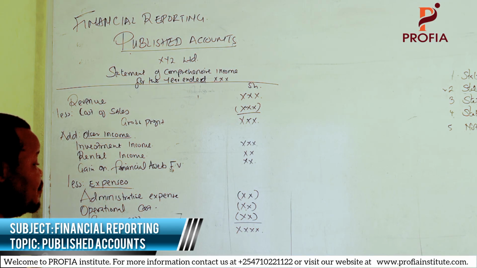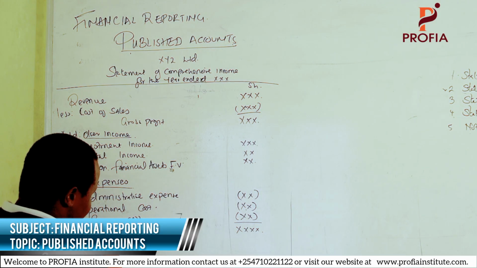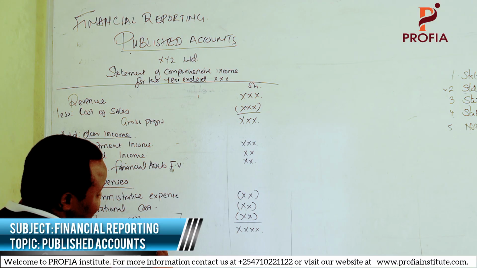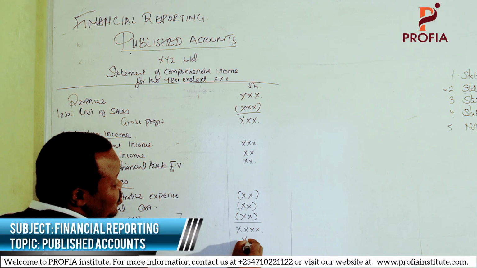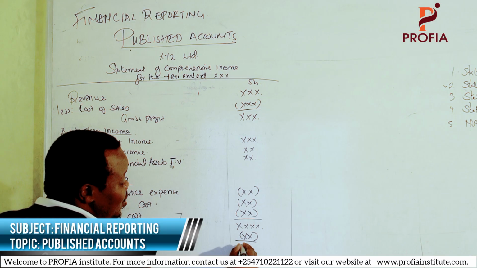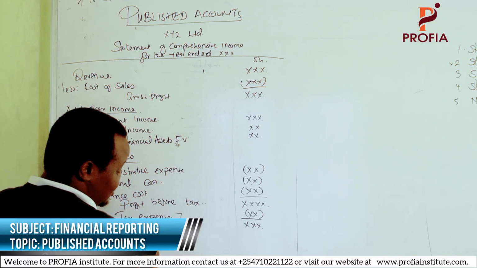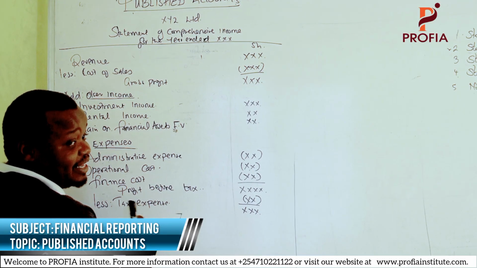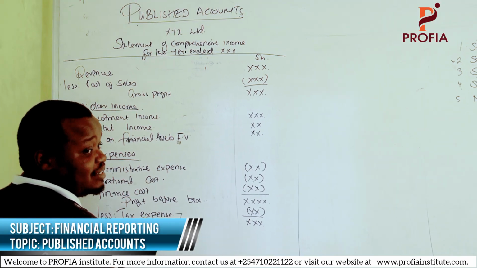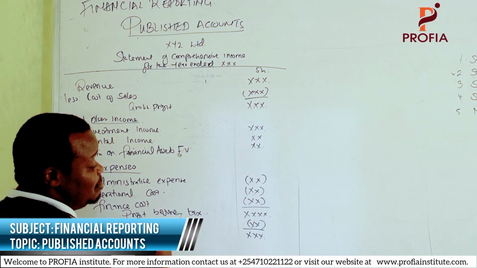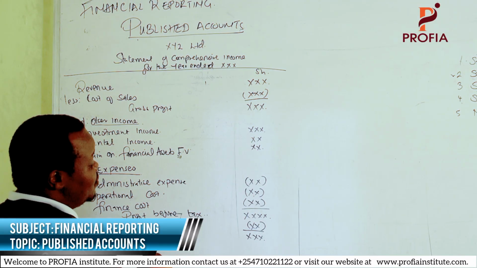So from the profit before tax is where we can have less tax expense. Now, this tax expense will be affected by what? You need to understand how to do something called deferred tax, because it is going to affect something here. You need to understand deferred tax. That's why we did deferred tax before we do this.